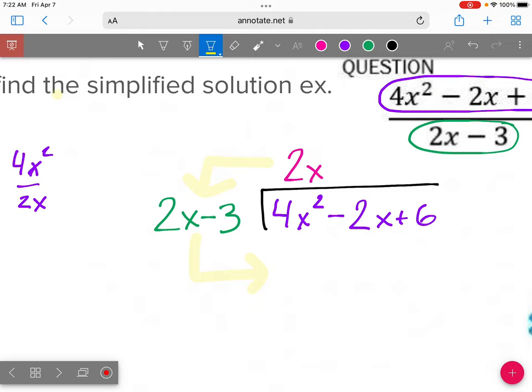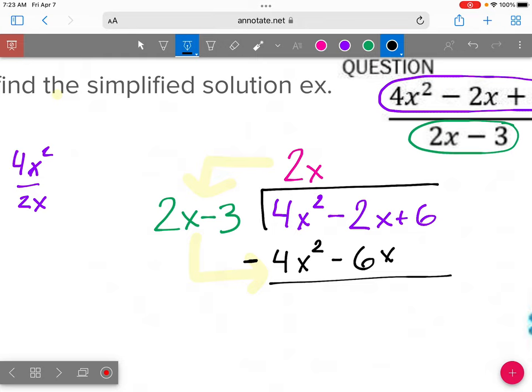So 2x times 2x gives us 4x squared, and 2x times minus 3 gives us minus 6x. And then just like we did on the other one, we subtract these two lines from each other.